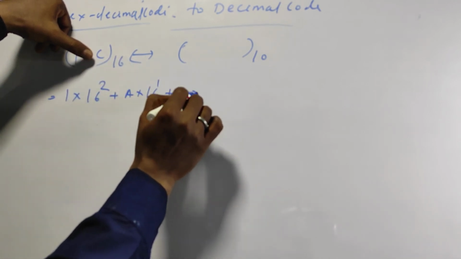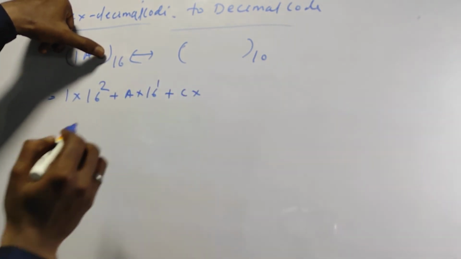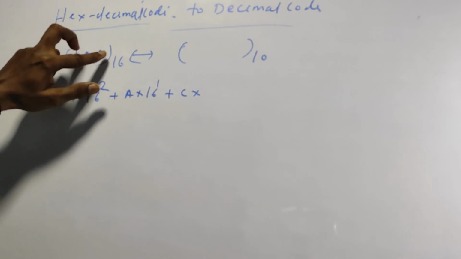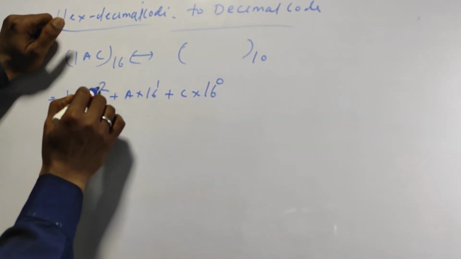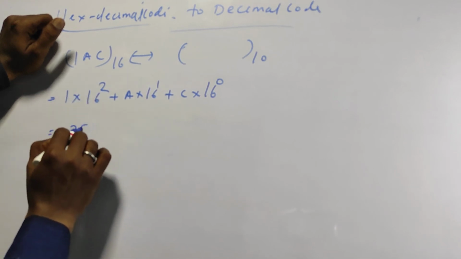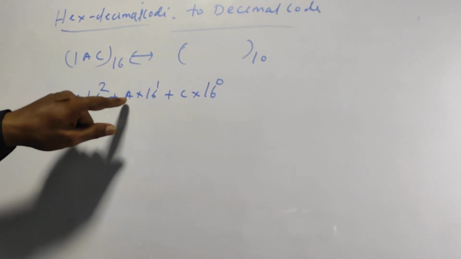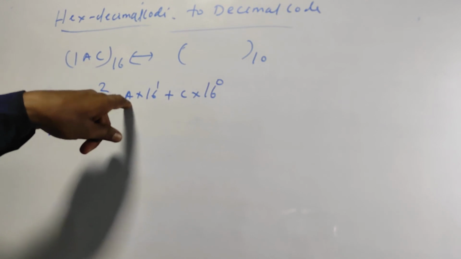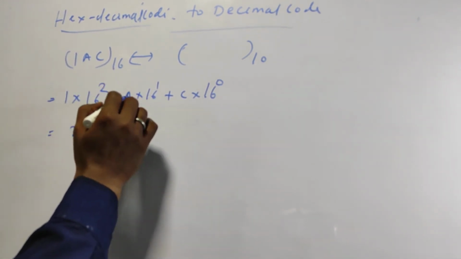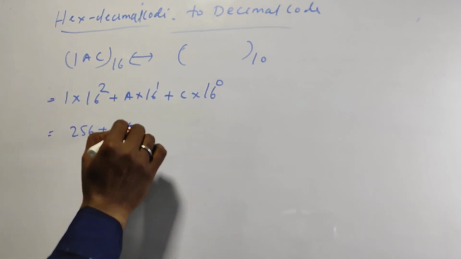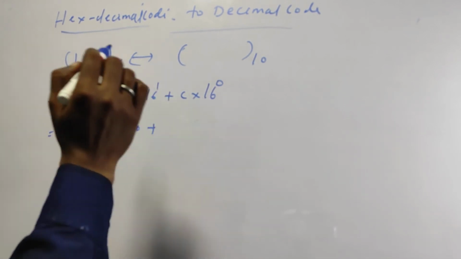And C, with no digit after it, is 16 to the power 0. 16 to the power 2 means 256. What is the value of A in hexadecimal? It is 10, so 10 into 16 is 160. What is the value of C?